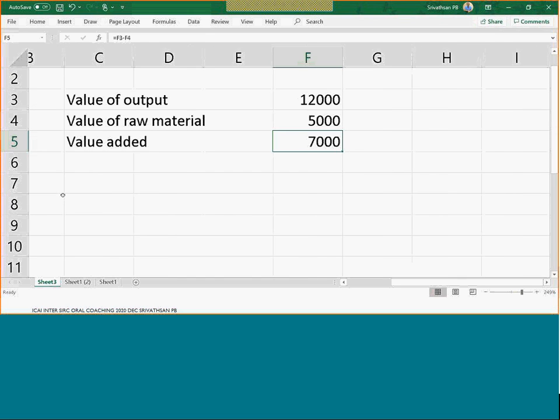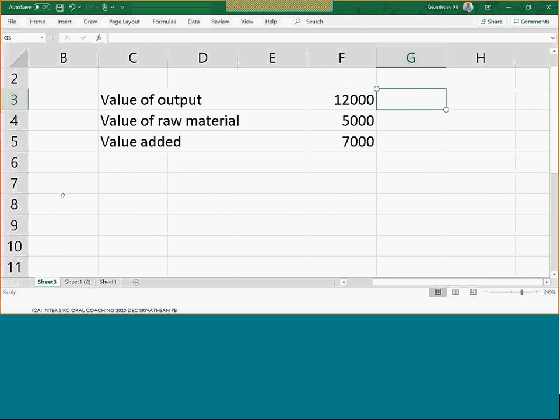Example, again, simple example: I sell at this price. Value of raw material is, so my value addition in this is 7,000 rupees. Sold 12,000 rupees worth at least.